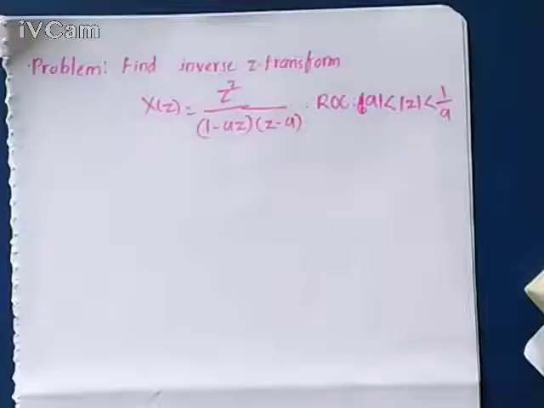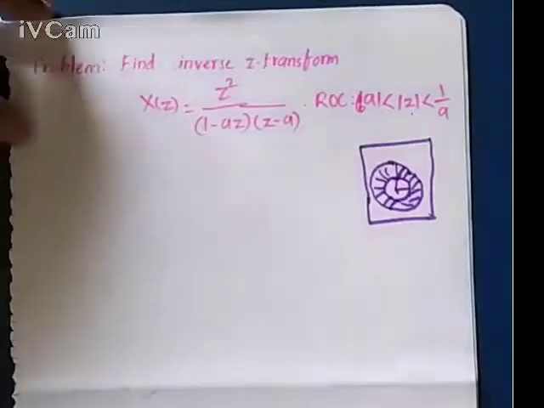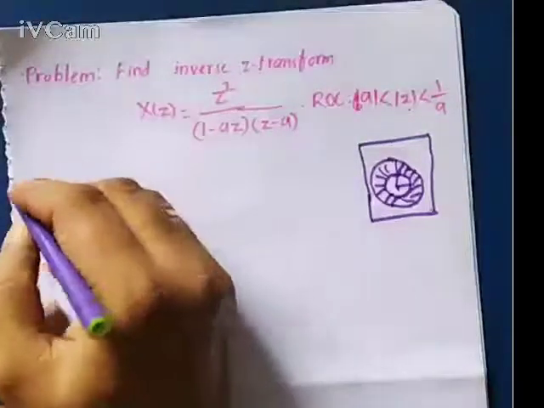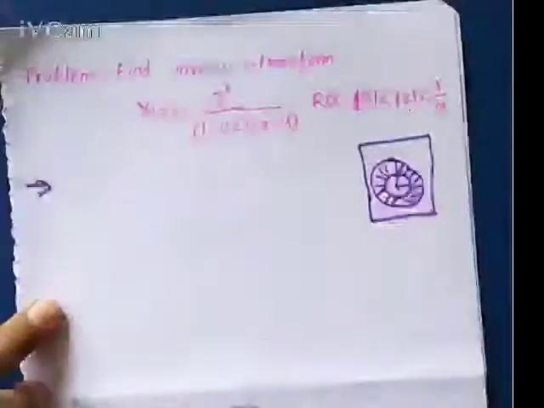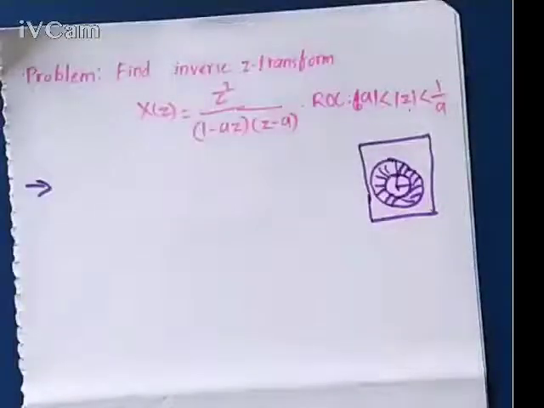Partial fraction method में क्या करना है? पहले whatever the X of z is given, first you need to bring it to X of z by z form, in the form of some poles and the terms on the downside.